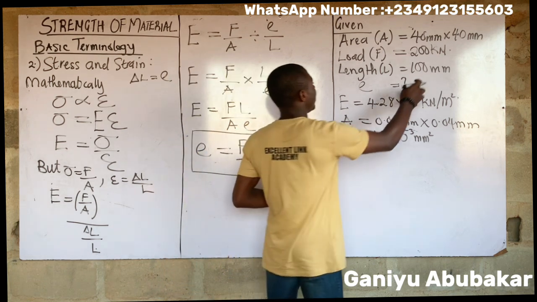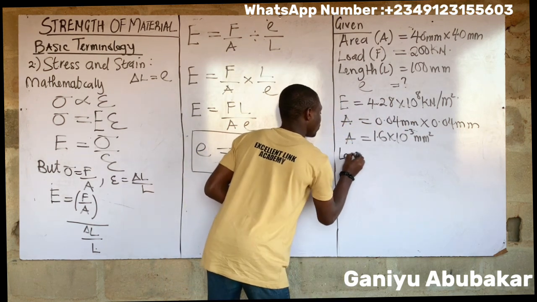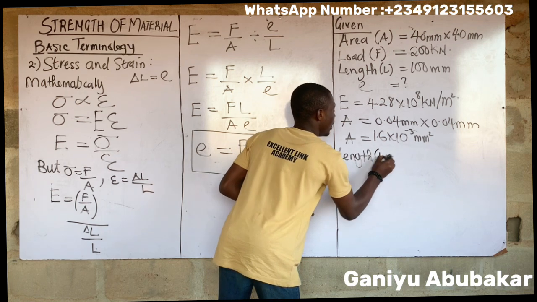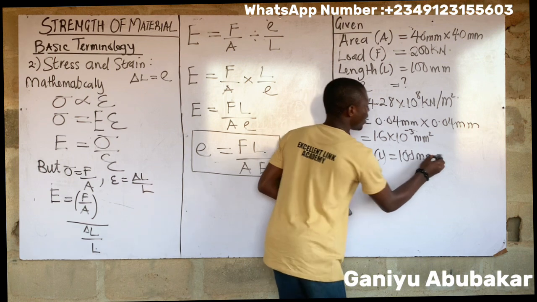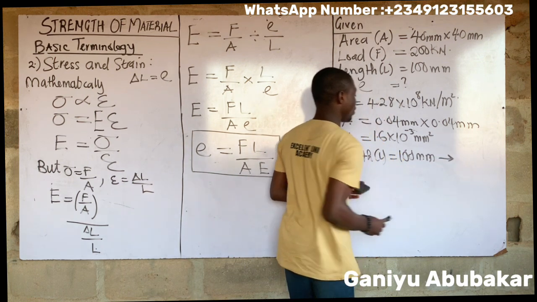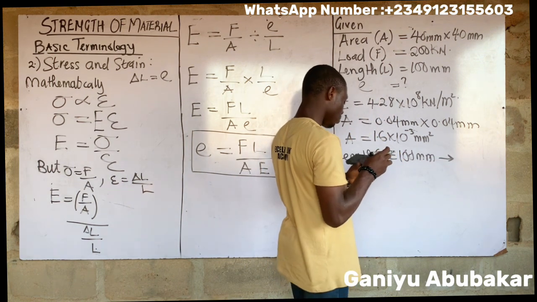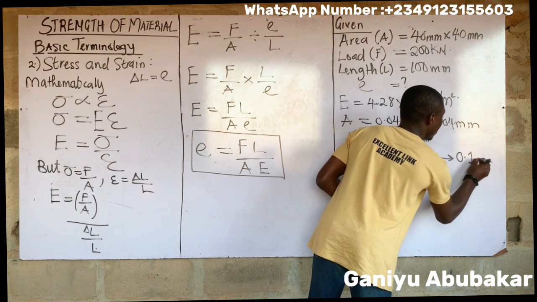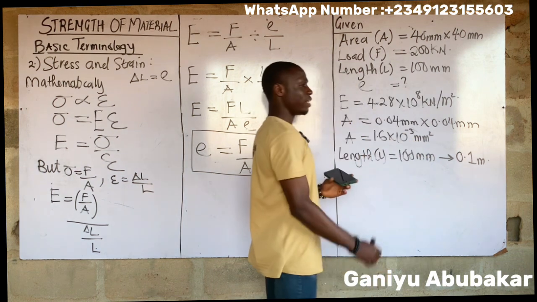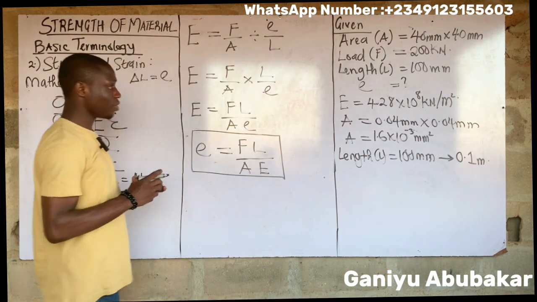Also, we need to convert our length. My length L is given as 100 millimeter. Convert to meter, that becomes 0.1. So I have 0.1 meter as my converted value for the length.